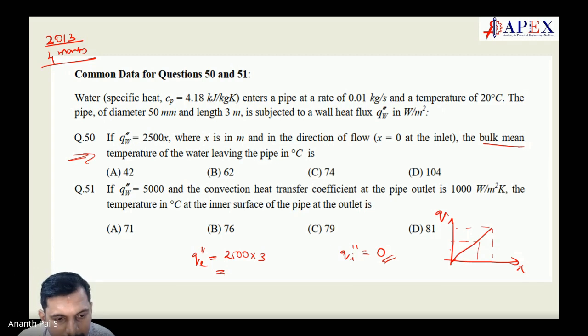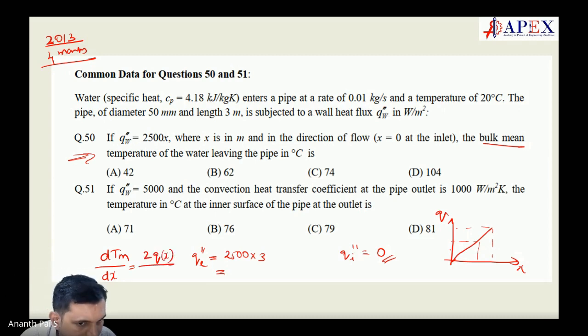So what do you get? dTm by dx is equal to, what is the equation here? 2q of x divided by m dot cp, correct? Into perimeter.